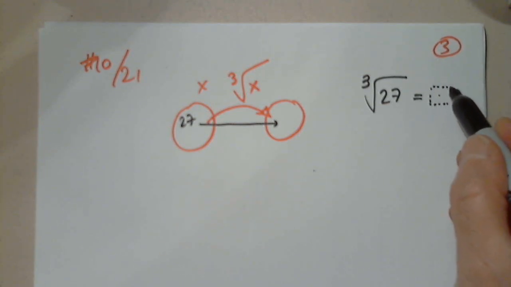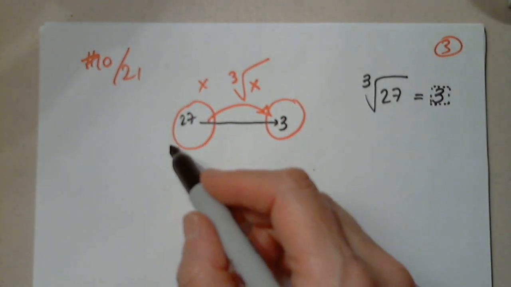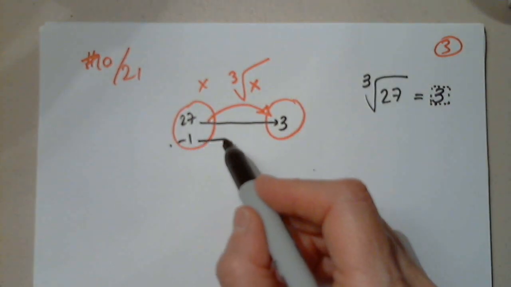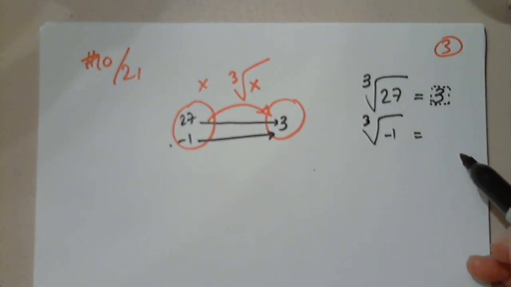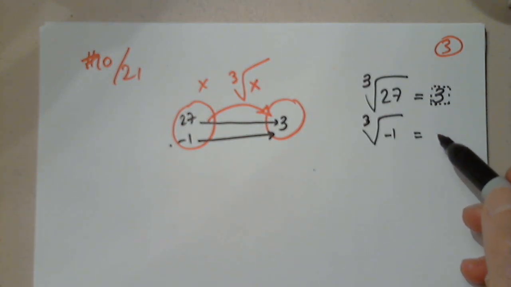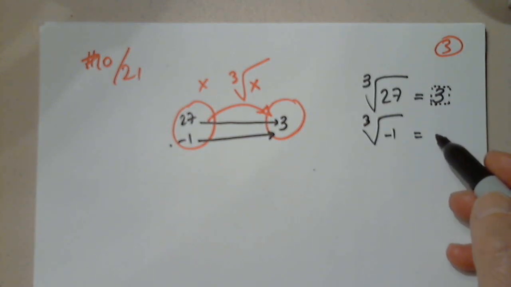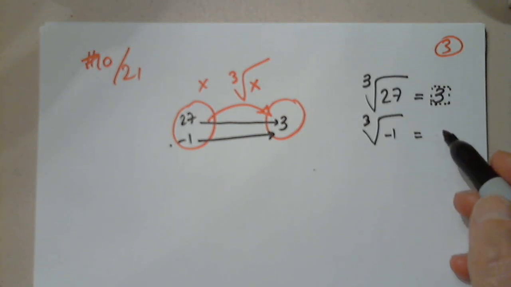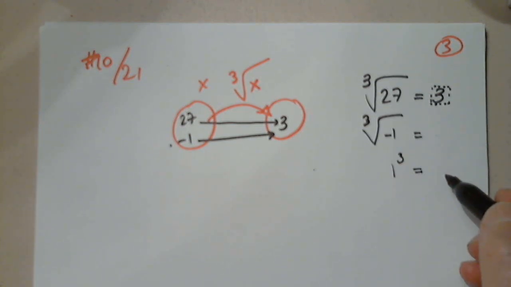Yes. So the number is 3. Good. What about -1? What would be the correspondence for -1? Which number we cube to get -1?